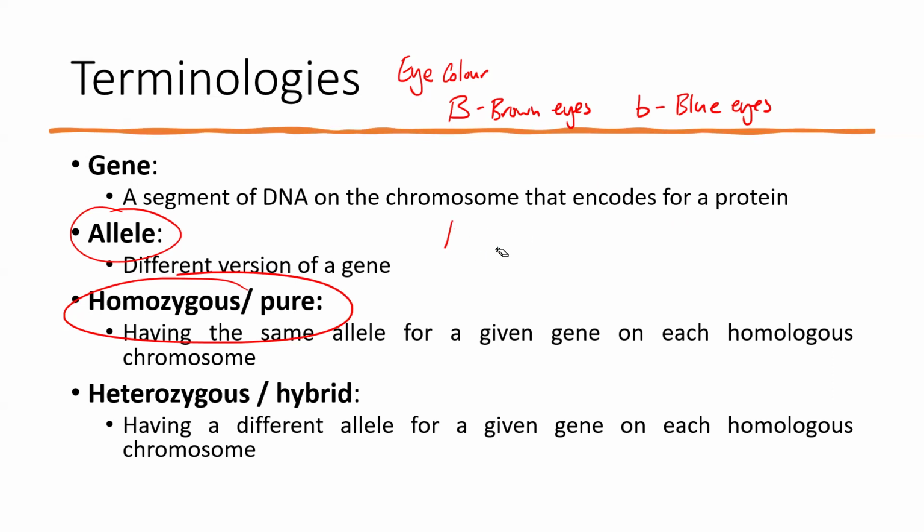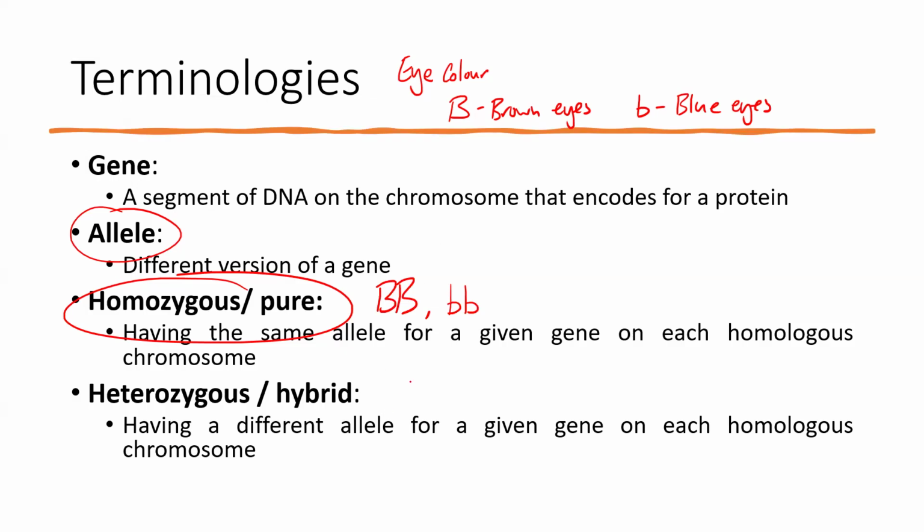Similarly, a person can inherit small b from one parent and then another small b from the other parent, and they would be homozygous blue eyes. Okay? So big B, big B is homozygous brown eyes, or you can say pure brown eyes. And then small b, small b is homozygous blue eyes, or pure blue eyes. Does that make sense?